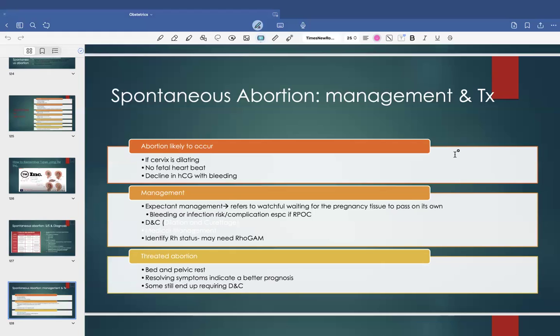Like let's say inevitable, how do you know it's not going to go to incomplete? Eventually, it could. So it's just whenever you're specifically grading it. When you're grading, what are you seeing at that time of the exam? Are you seeing tissues in the vaginal vault? That is probably passage of conception. Is the os now open or closed? This is helping you determine where am I in this abortion. Okay, perfect. Thank you.